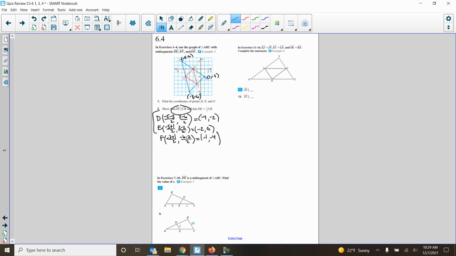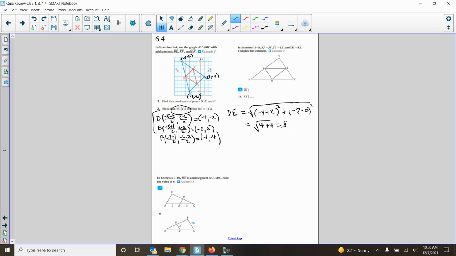So let's find the length of DE: square root of the difference in the x's plus the difference in the y's, squared. And so from D to E, we're going to go -4 plus 2 squared plus -2 minus 0 squared. -4 plus 2 is -2, squared is 4. -2 minus 0 is -2, squared is 4.